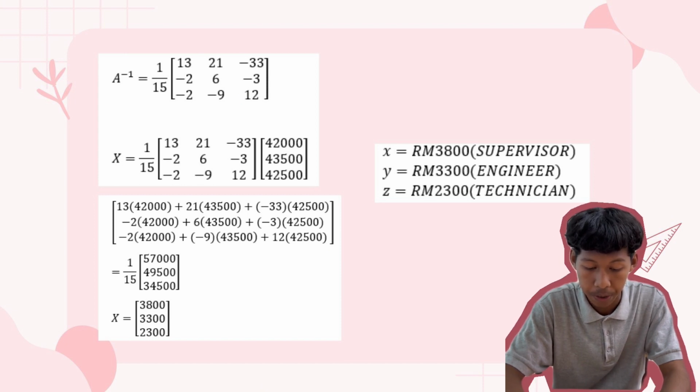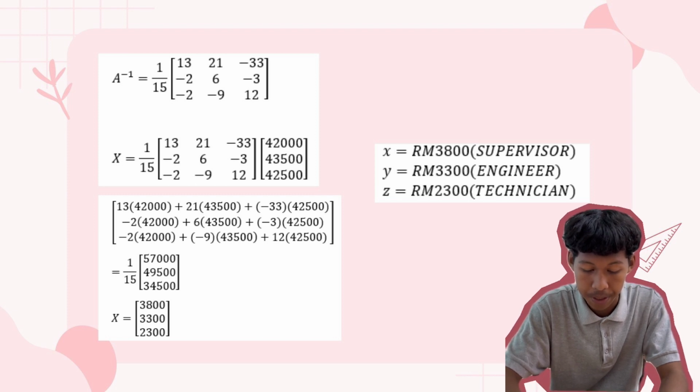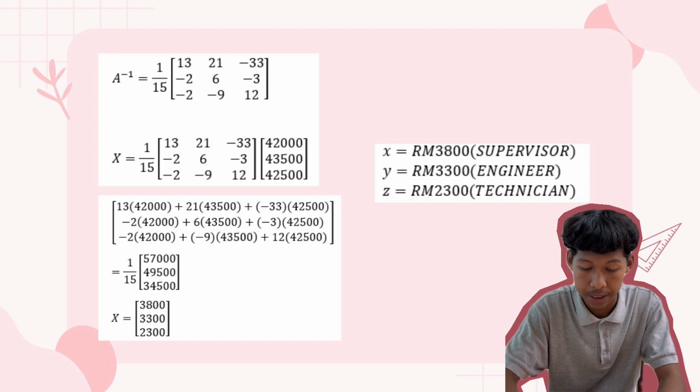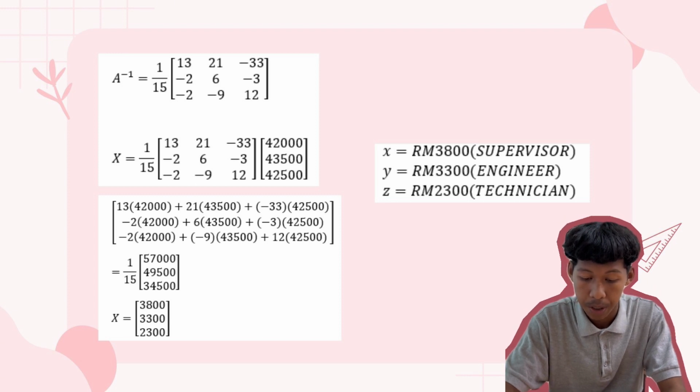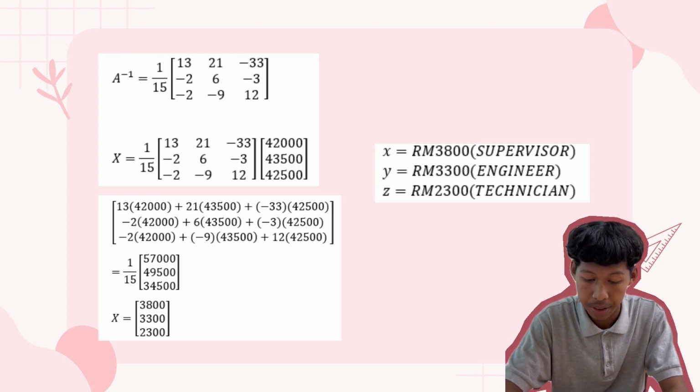We do the same thing for every row, and we'll get 57,000, 49,500, and 34,500. We divided all the value by 15, and finally we'll get 3,800, 3,300, 2,300, which is for the x, y, z. And we'll get x equal to 3,800 ringgit for the supervisor salary, y equal to 3,300 ringgit for the engineer salary, and z equal to 2,300 ringgit for the technician salary.